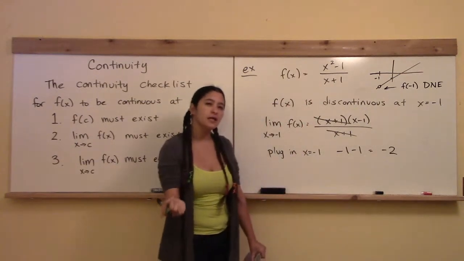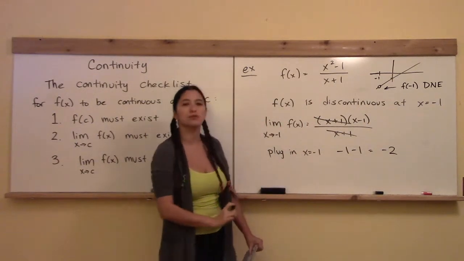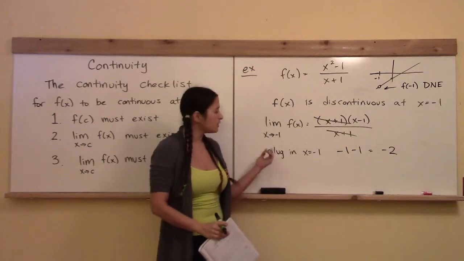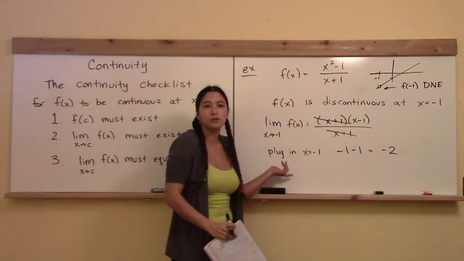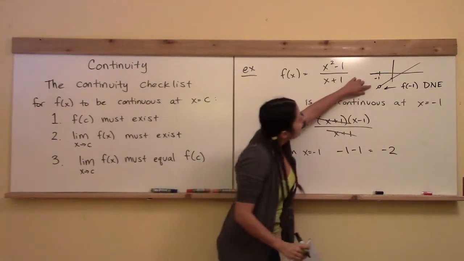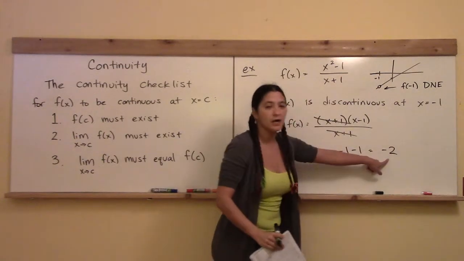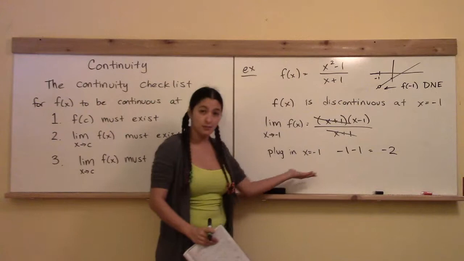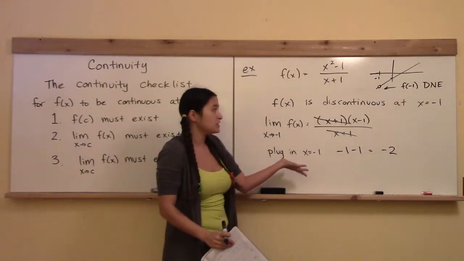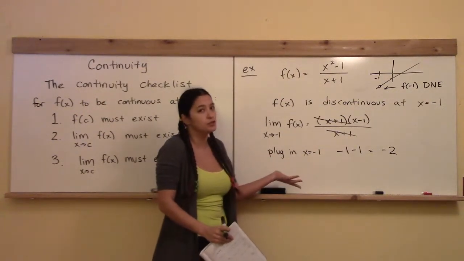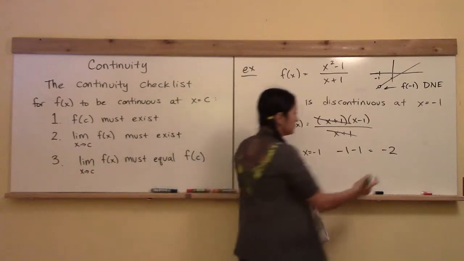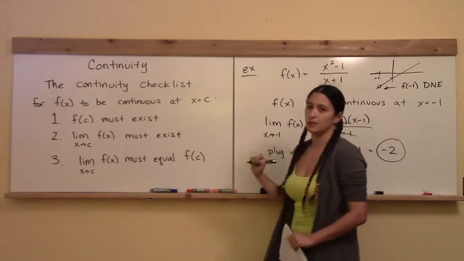But although we cannot technically plug in x equals -1, we can still plug in values for x that are very, very close to -1. And when we do that, the behavior of the function is very close to -2. So that's why the limit exists, because the function is tending toward -2 when x is tending toward -1. That's the answer for the limit.